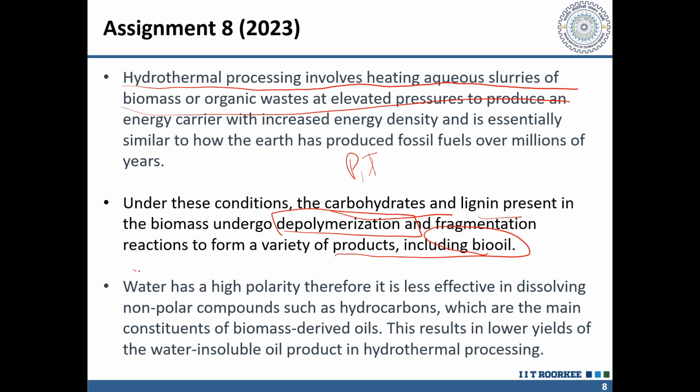But if water is used as a supercritical fluid, then it will be less effective. Why? Because water is of high polarity. The high polarity of water makes it less effective in dissolving non-polar compounds such as hydrocarbons. As it will dissolve less amount of non-polar compounds, water insoluble oils will be less extracted. Therefore, the yield will be less.